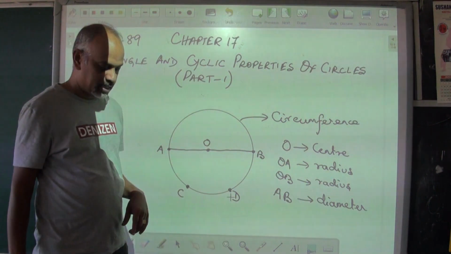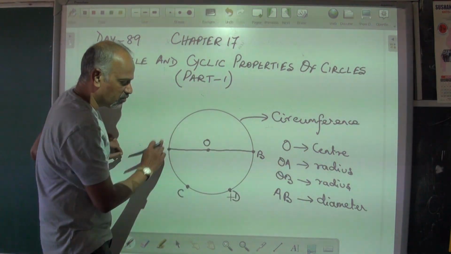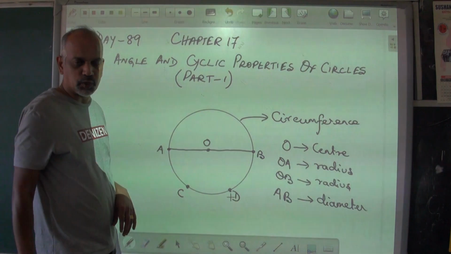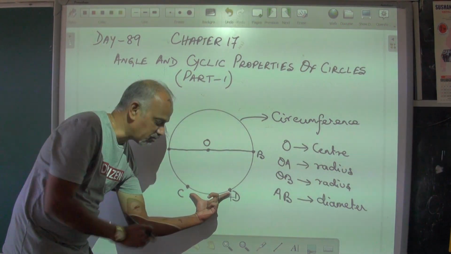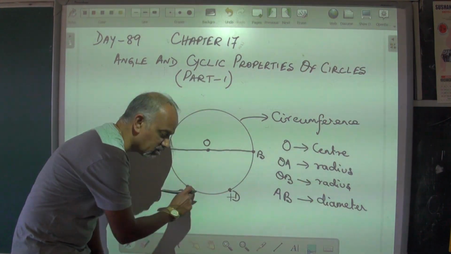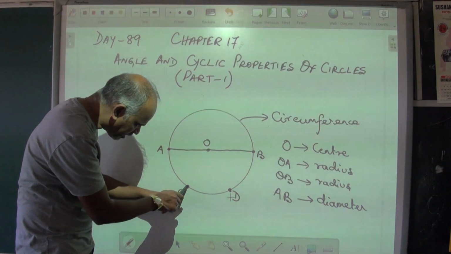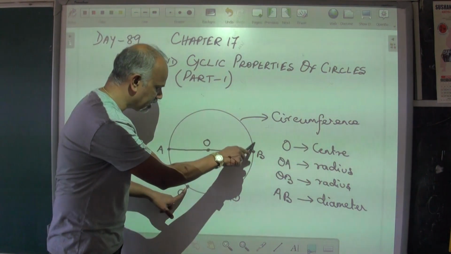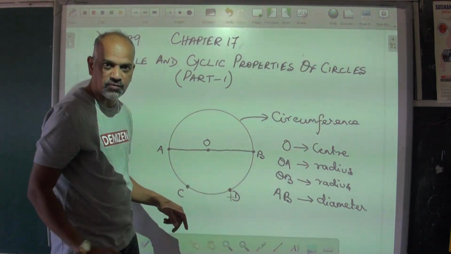Now when these 2 points are fixed, this whole circumference is divided into 2 parts. One is CD, this curved part from C to D. And the other CD starts from here, goes all the way around and comes to D. That is also part of the circumference.